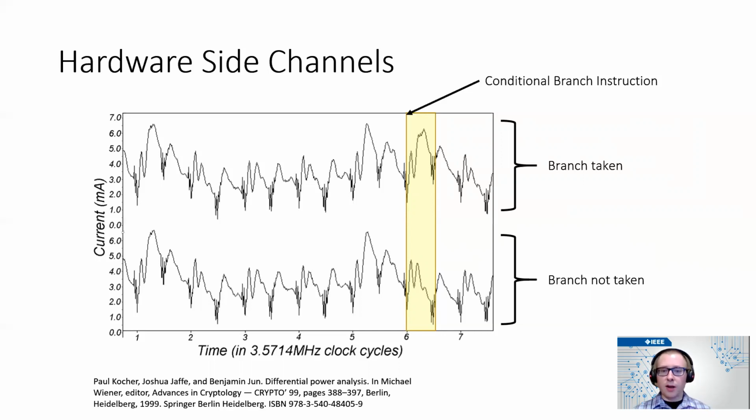The highlighted area shows how the power signal differs depending on whether the branch is taken or not taken. And the authors actually give 5 examples of key-dependent DES operations that at the time would have been implemented with conditional branches and therefore could potentially leak key material.